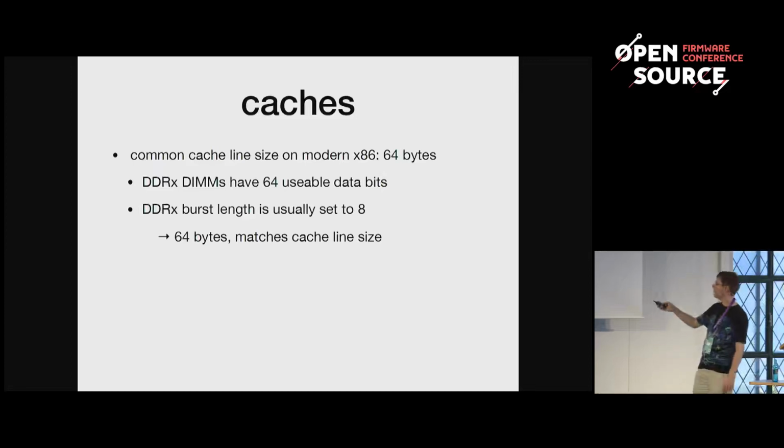Where the number is coming from: DDR DIMMs have 64 usable data bits, or 72 when using ECC error correction, but effectively 64 data bits. And the burst size is 8. You multiply that, you get the 64 bytes. So basically the caches and the memory fit together in that size.